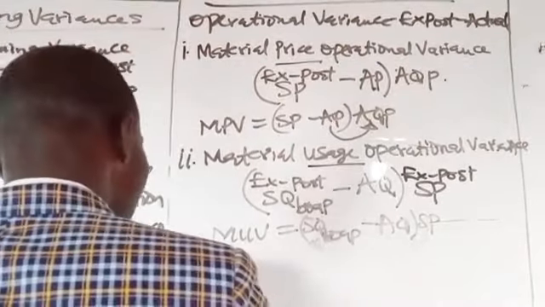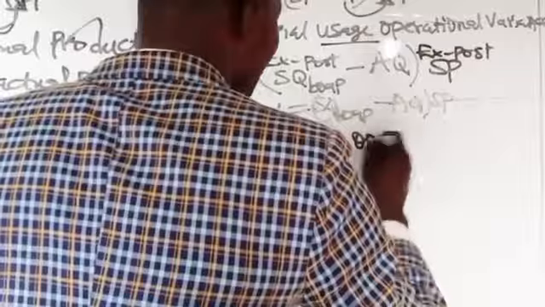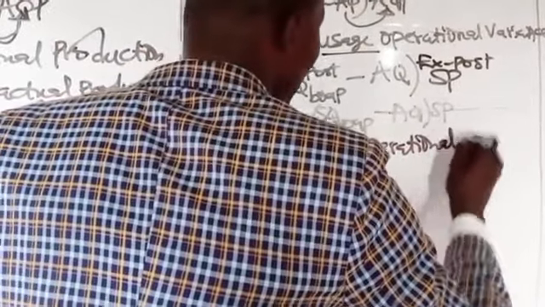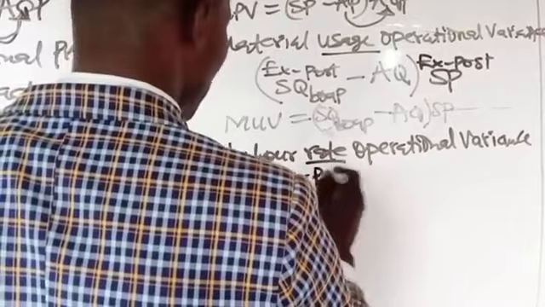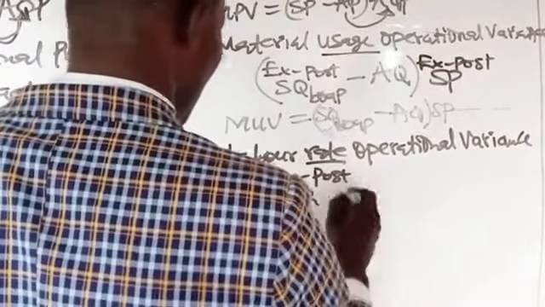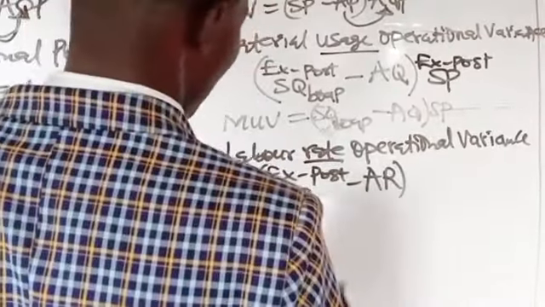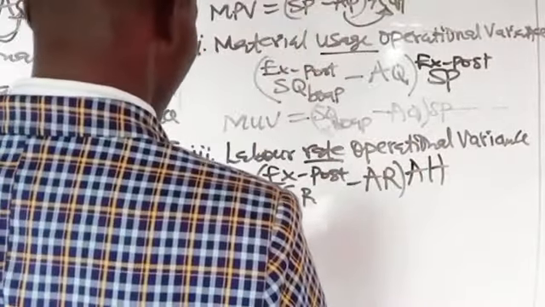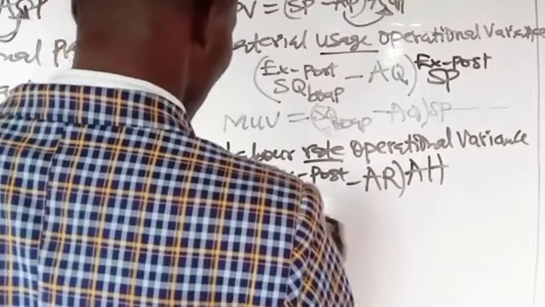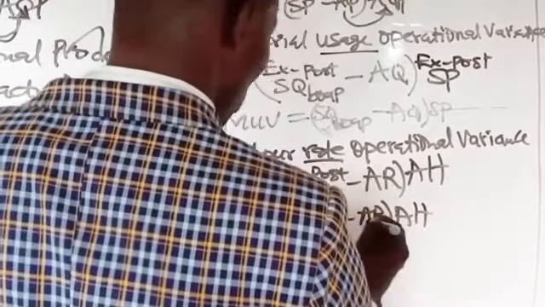Then we have labor rate operational variance. If operational variance is ex post minus actual, for rate you have ex post standard rate minus actual rate, being the price variance, multiplied by actual hours. The traditional standard labor rate variance is equal to standard rate minus actual rate multiplied by actual hours.